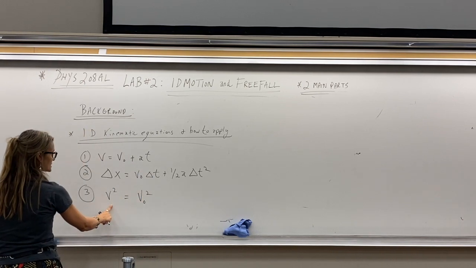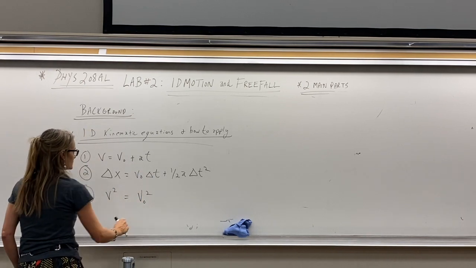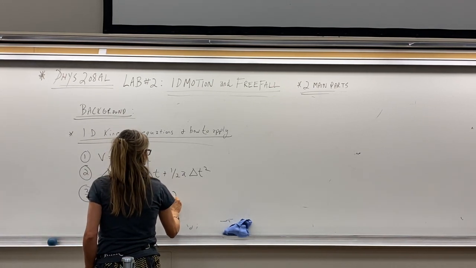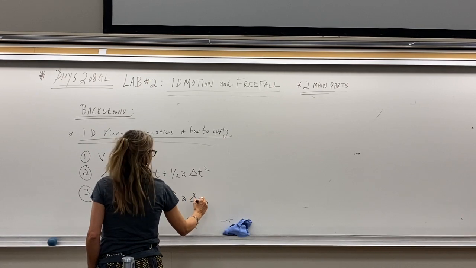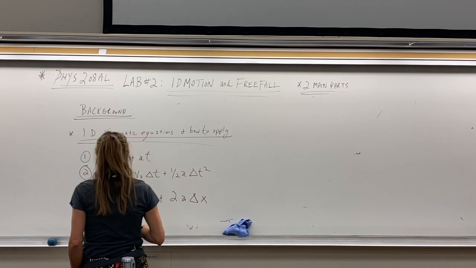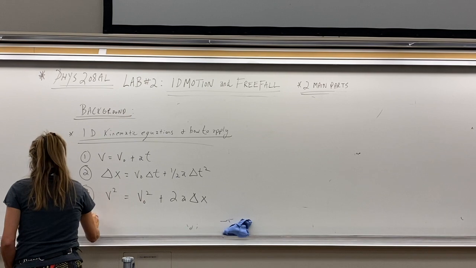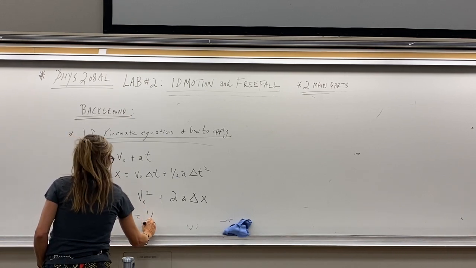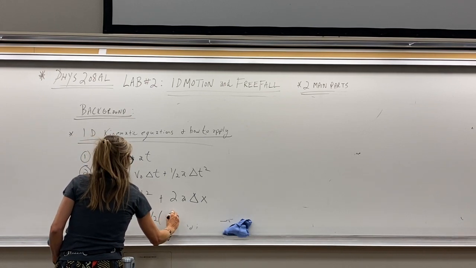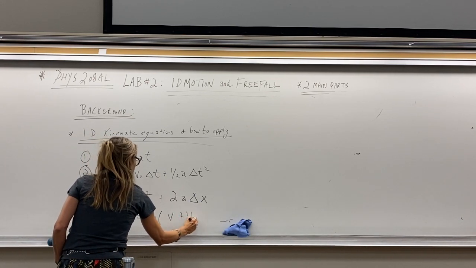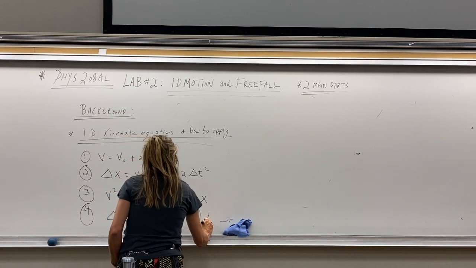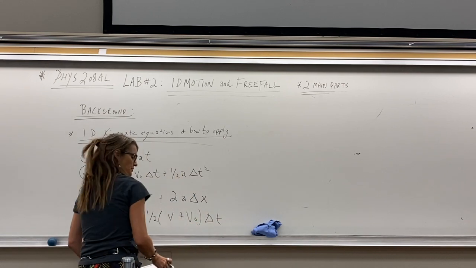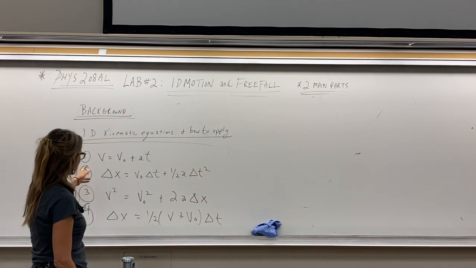So final velocity squared equals initial velocity squared plus 2a delta x. And the fourth equation is delta x equals 1/2 (v plus v naught) delta t. So these are the main 4 kinematic equations.